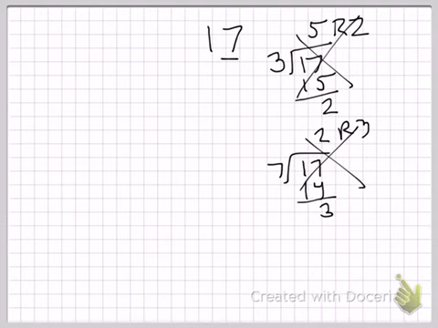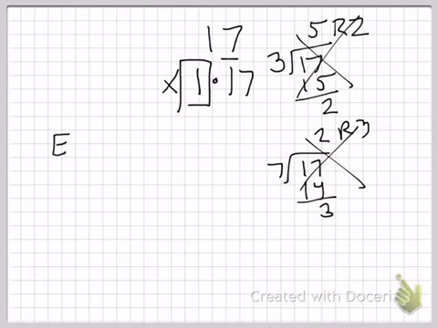And if the number is already prime, you do need to know what to do. Some people will put down 1 times 17, but that's actually not a prime factorization because the number 1 is not a prime number. So if you come across a number that is already prime and you can't factor it into its pieces, your expression would be the number itself.